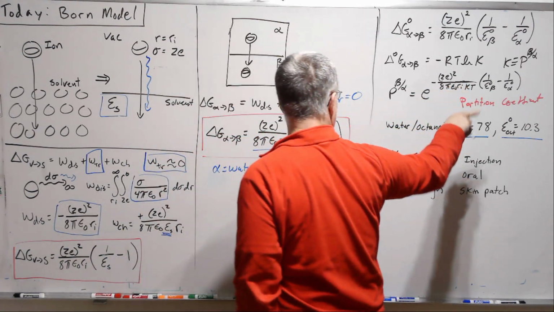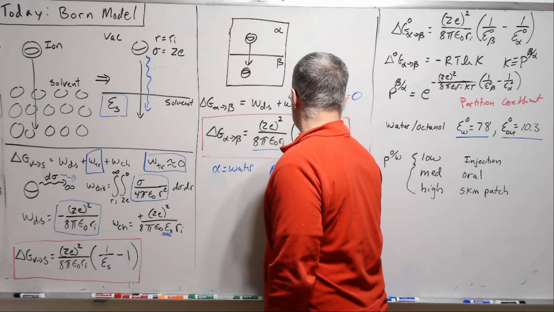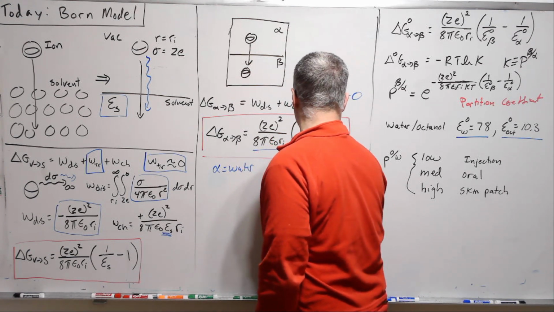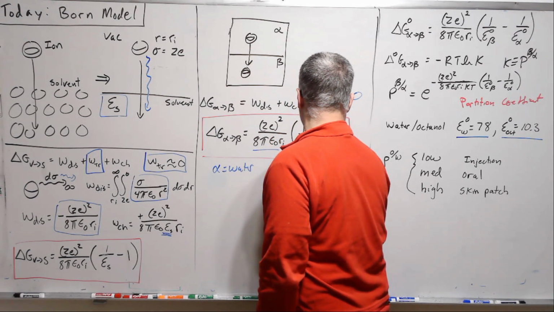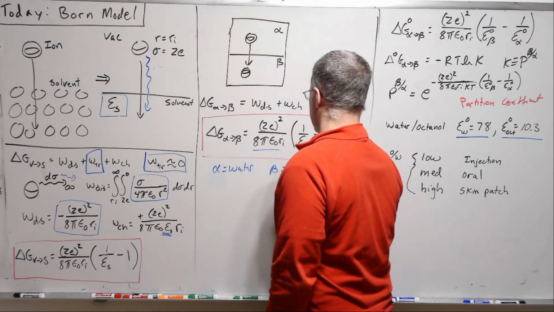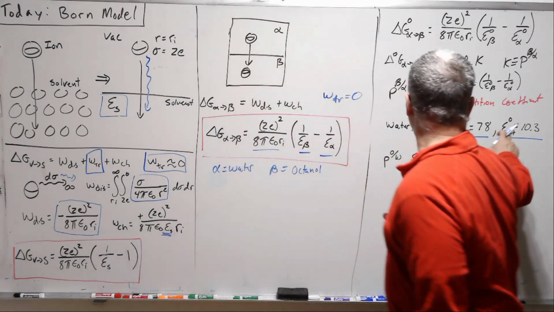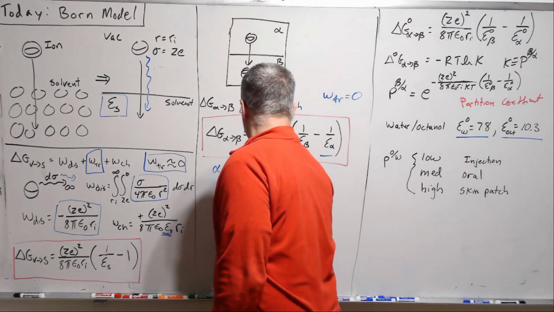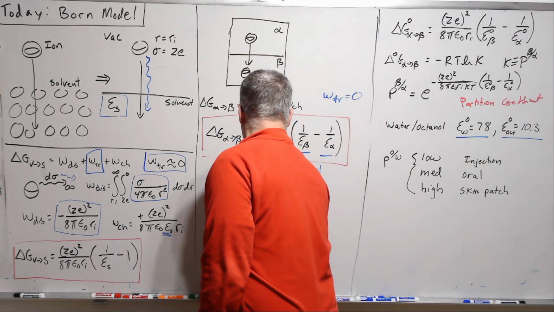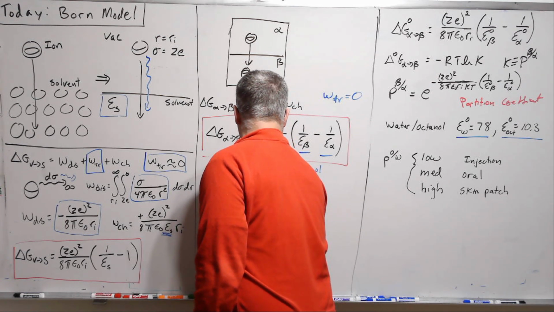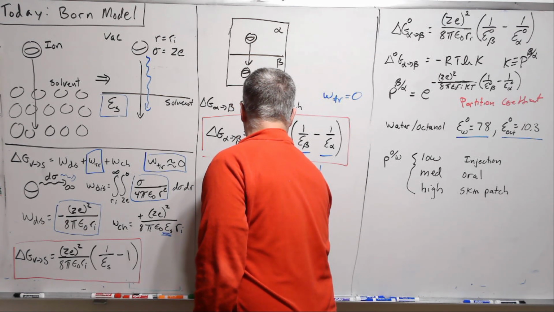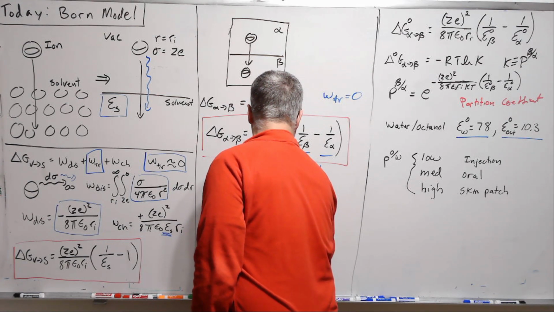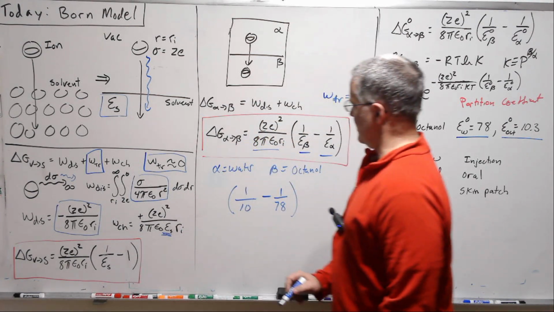And just to set something up here, let's let beta equal octanol. Water has a dielectric constant of 78. Octanol has 10. So let's look at this parentheses here: 1 over 10 minus 1 over 78.